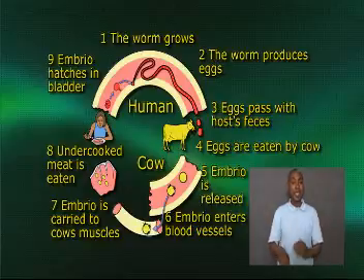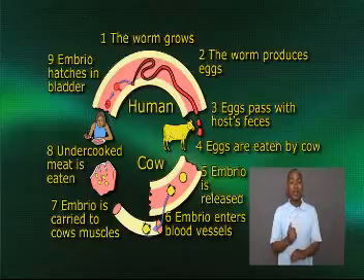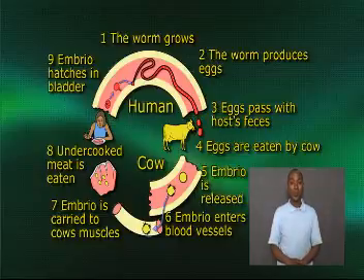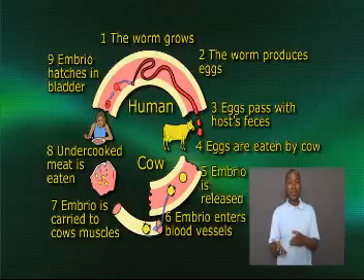These mature buds develop both male and female sex organs. They eventually break loose and are passed out of the host through feces. The proglottids in the feces contain eggs.